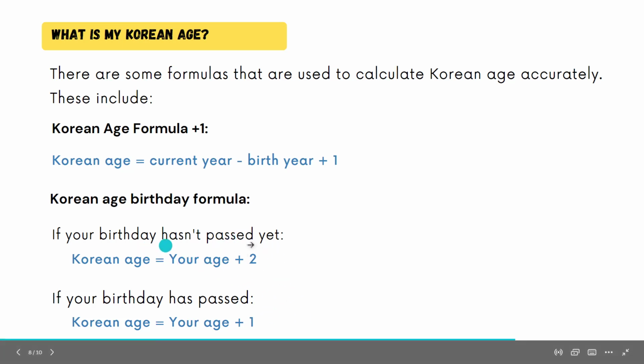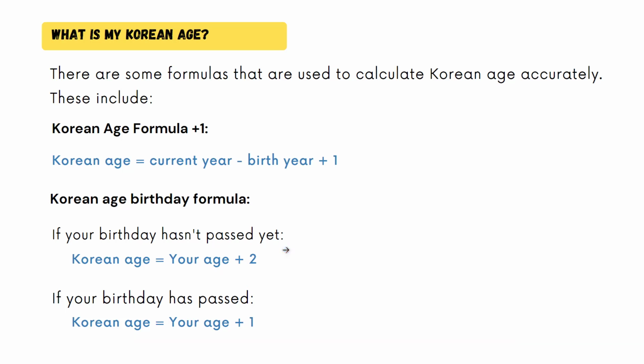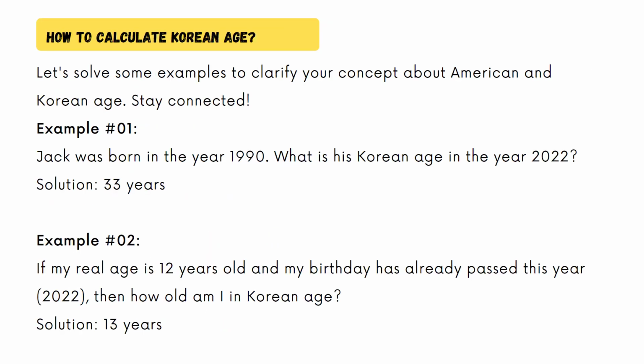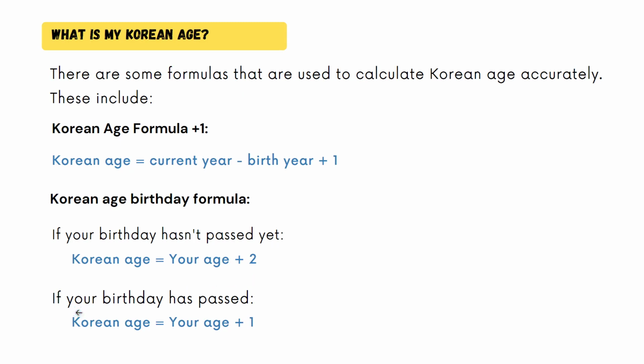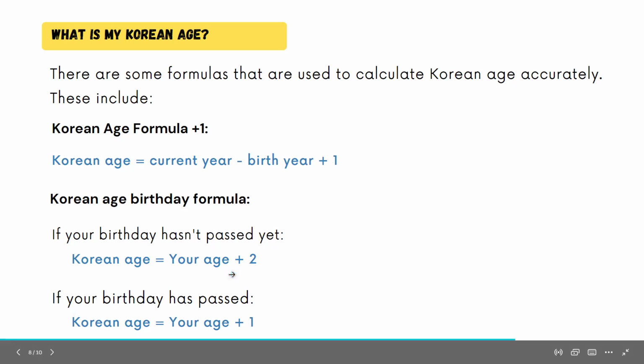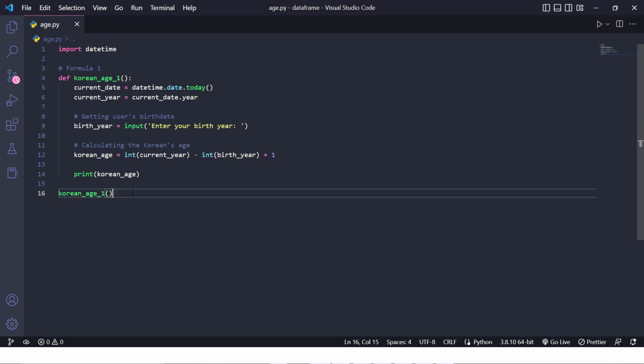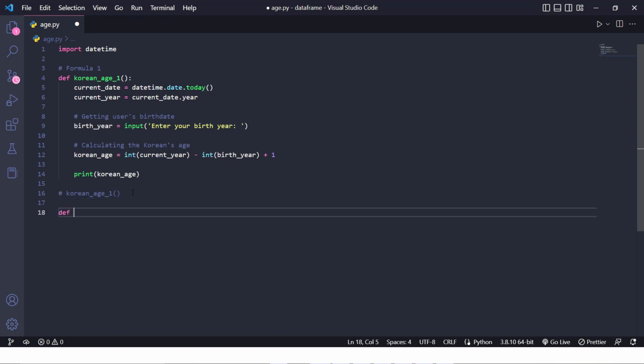If the month didn't pass, then if the user's birthday is in November, we can add that November one and also the January one. That's what we have to do. If the November has already been passed, then we have to use the January. We have to add that January one as well. Something like that. Let me do this one as well. So just create one more method called Korean age 2.